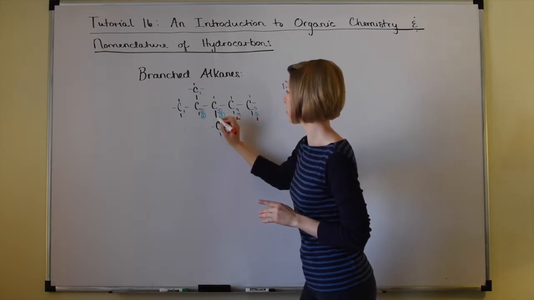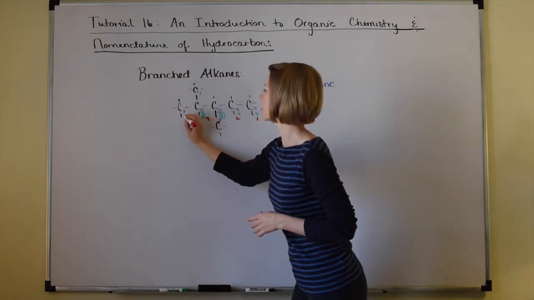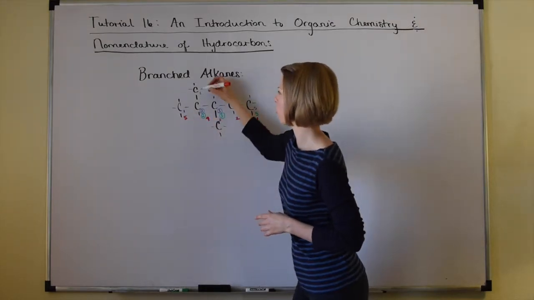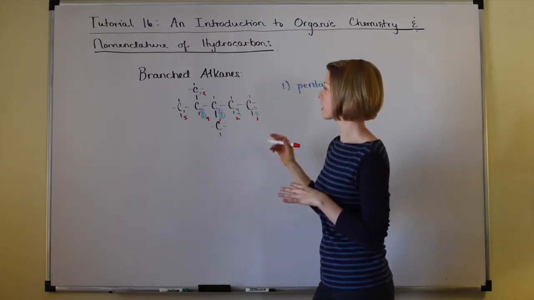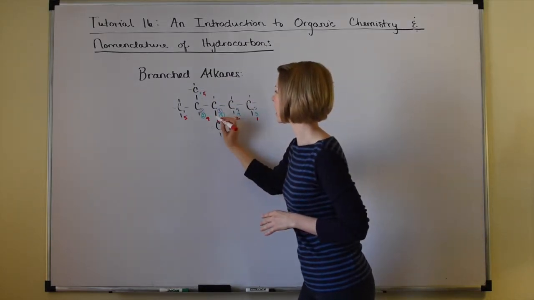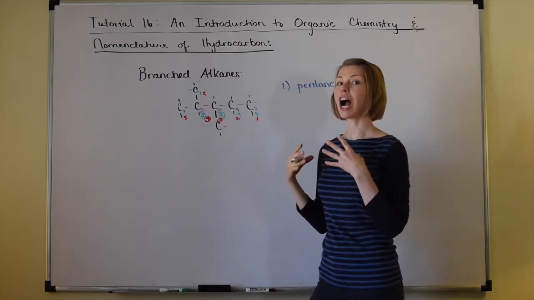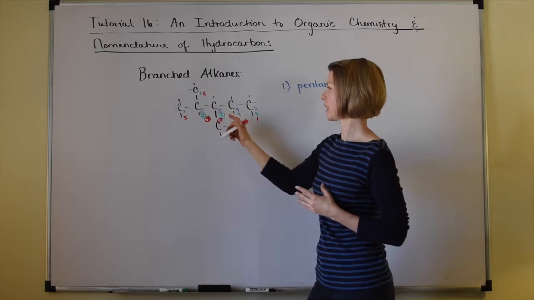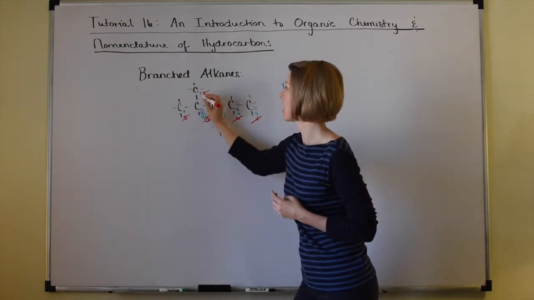We're not going to go down here for 4 because that would make it shorter than 5. So we're going to keep going, 4. And you could either go 5 here or you could go up and do a 5. Notice that either way, it's going to give you the branch group at the 3 and the 4 position. And the 3 and the 4 position are higher numbers than 2 and 3. So you don't want to number this particular one backwards.